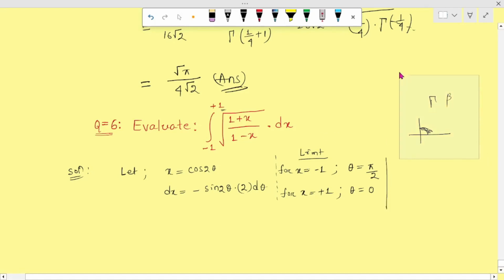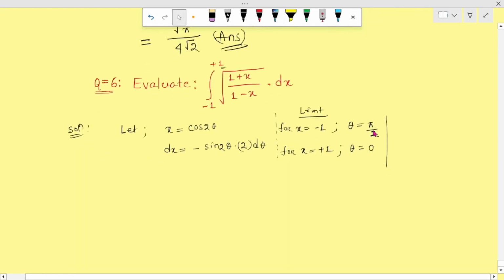Now the above integral will become what? Now where will the limit be from and to? The lower limit is pi by 2 and the upper limit is 0.